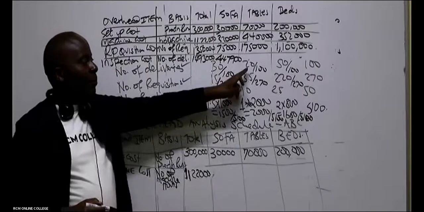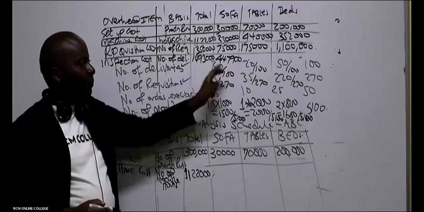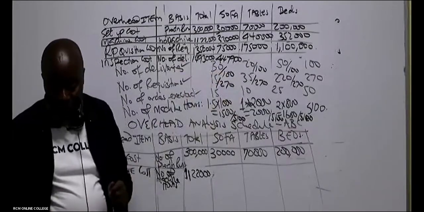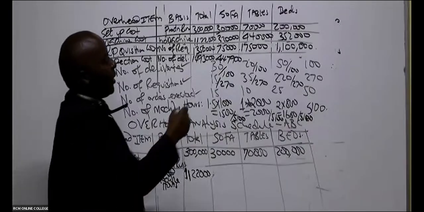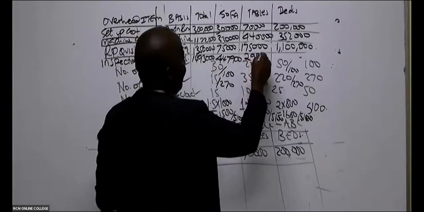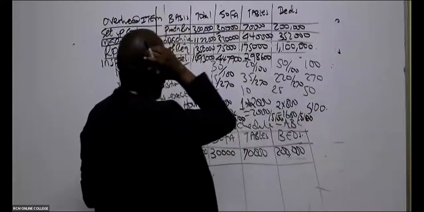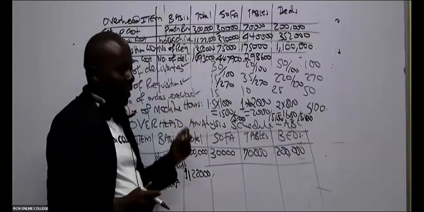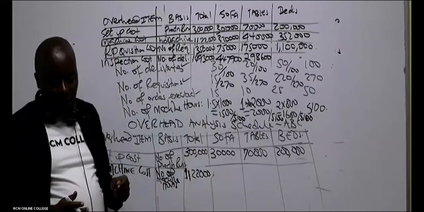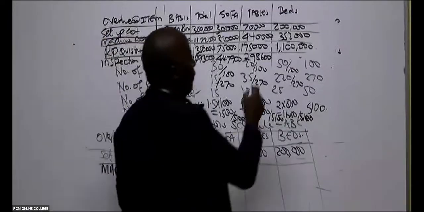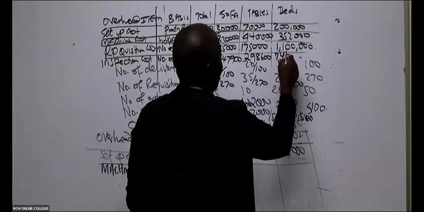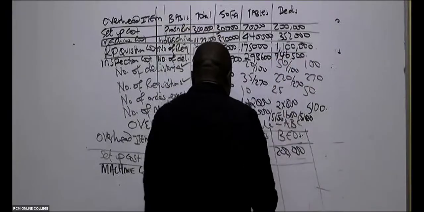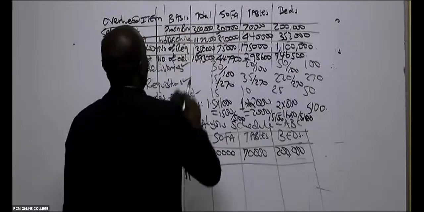The second product is 20 over 100 times this. 298,600. And then now you go straight away to 50 over 100 times this 1,493,000, which will give us 746,500. Thank you. Now, ladies and gentlemen, we move on.